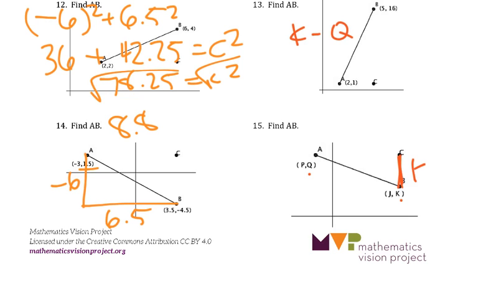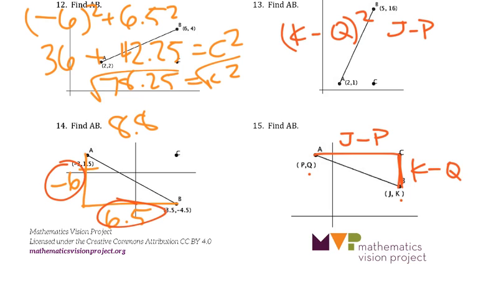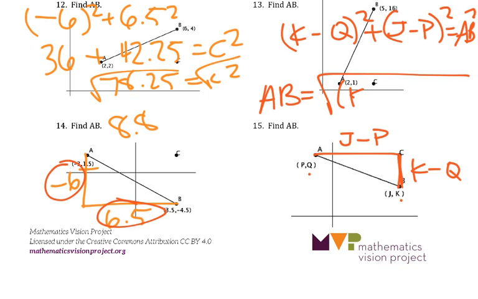That would give us that distance, so K minus Q, and this distance would be J minus P. Now, we'd normally take those numbers and square them, so we can take these, square them, and add them, and that's going to equal AB squared. Now, to get AB by itself, we take the square root. So it's getting you to come up with this, which should look really familiar. And so that's the answer for 15.